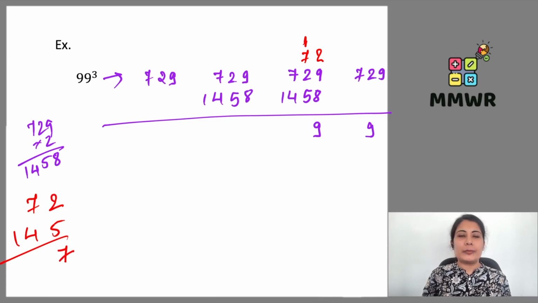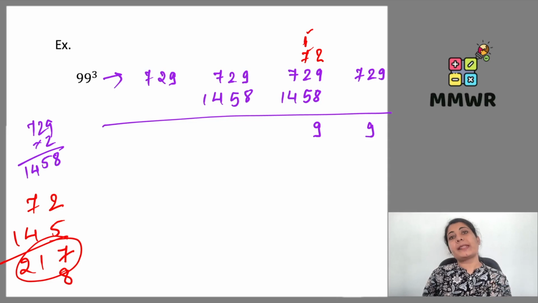So this gives me 5 plus 2, 7. 7 plus 14 is 21. So 217 plus 1 plus 7, that means 8 we have to add. So 217 plus 8 will be 225. Carry over 1.